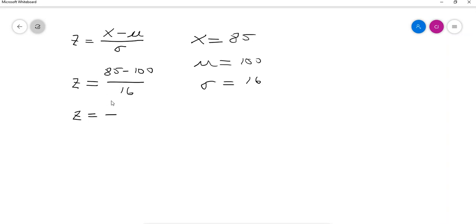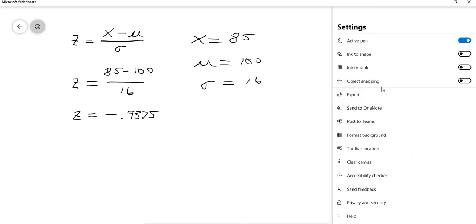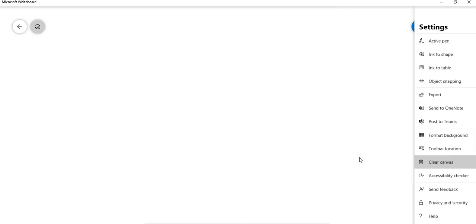So the negative means it's below the mean, which 85 is less than 100. 0.9375. Okay. So that's pretty much it for the z-score. It's pretty straightforward. And I'm not going to do any more of those. That's good. In fact, let's just clear this thing out. All right.